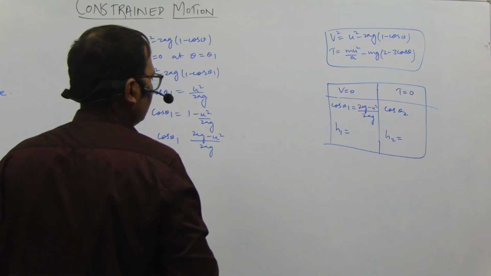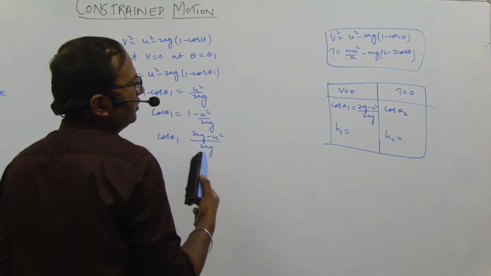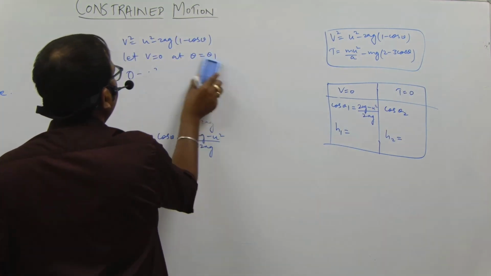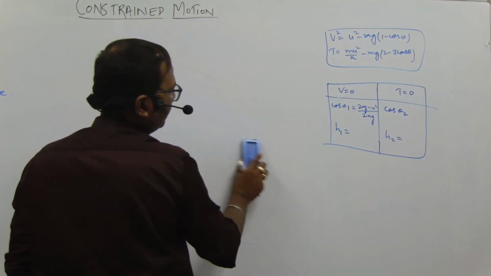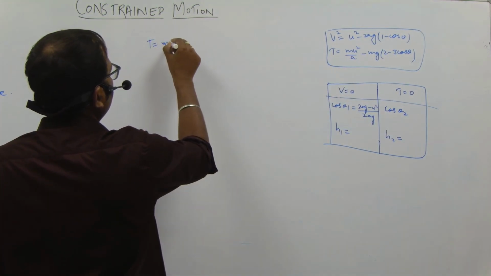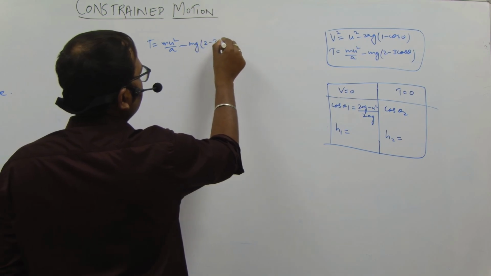Okay, now we have the value of cos theta 2, when T is equal to 0. So T is equal to mu square upon a minus mg 2 minus 3 cos theta.